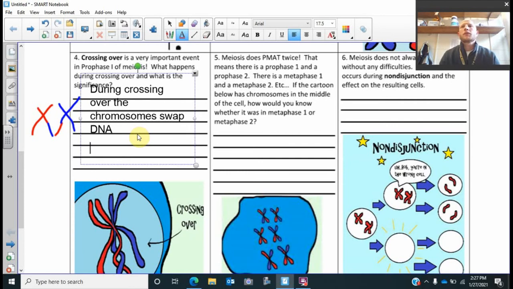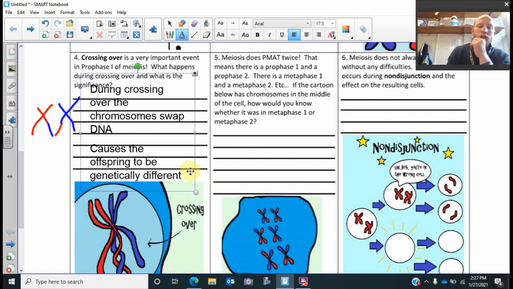What's so crazy about this? This causes the offspring to be genetically different. Okay, so in meiosis, the offspring will be genetically different.